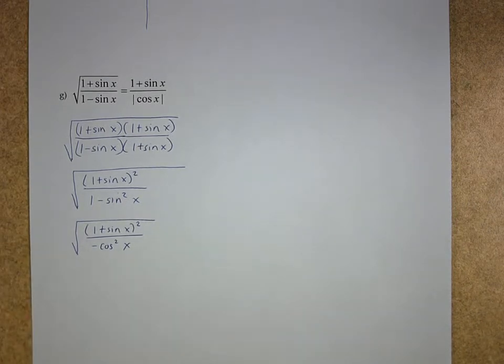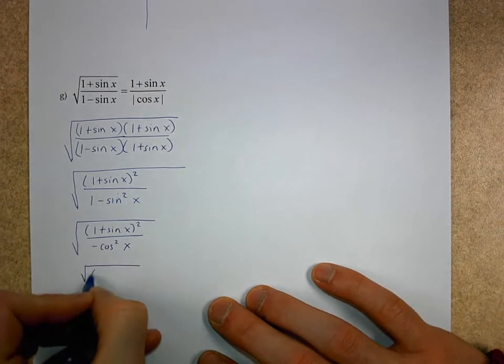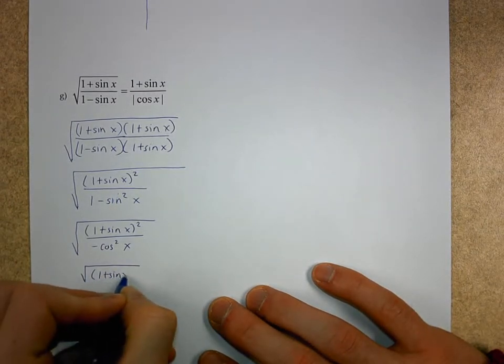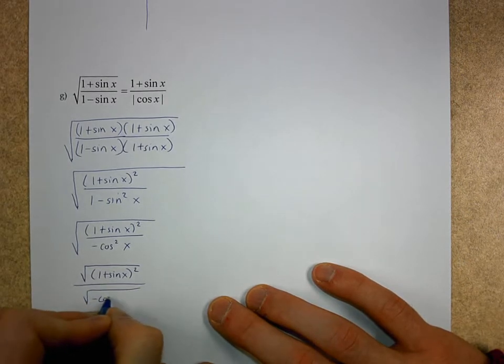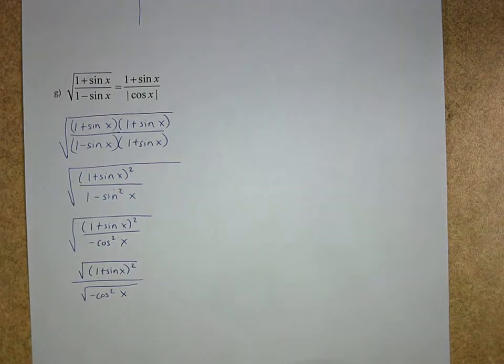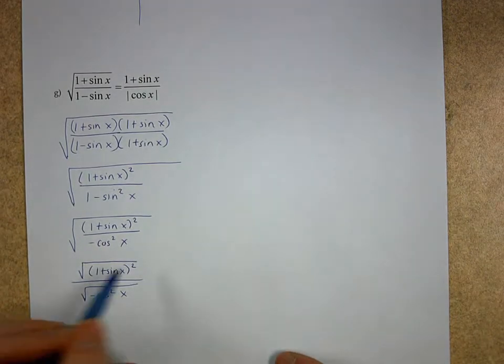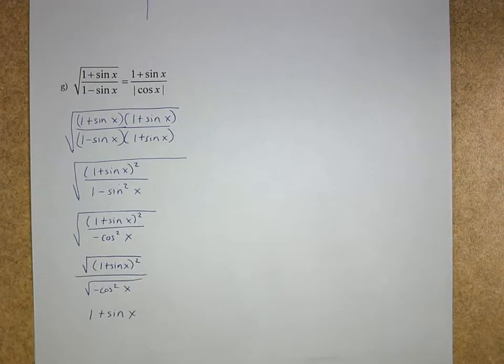Since I've got a square root, one of my square root rules is I can separate both my numerator and denominator into separate square roots.